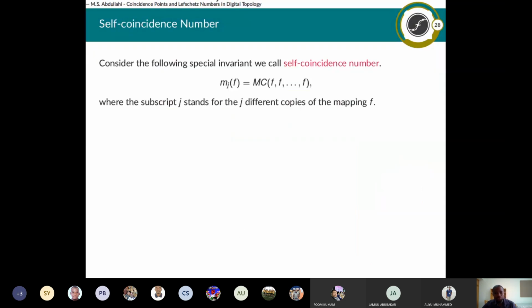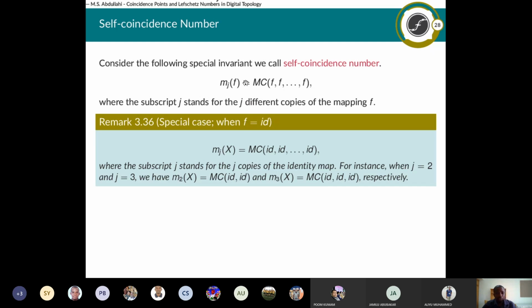Now we also study one special number called the step coincidence number, which is almost the same as the minimum number of coincidence points, but in this case the function is repeated, like MC(F, F, F). We don't have F1, F2, F3. We have only one F, then we repeat it J number of times.